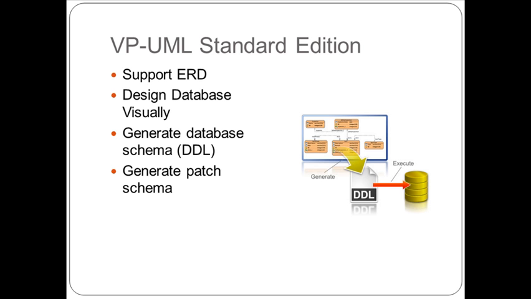Then you can patch the production database. Again, you don't need to do it manually. Without the patch mechanism, you need to carefully record what you have done in the diagrams and then apply it to the production database. But with Visual Paradigm UML, you can do it automatically.